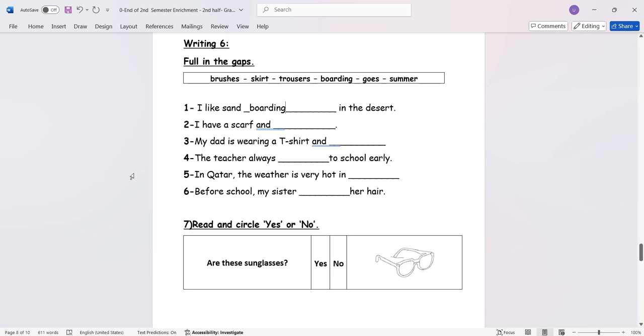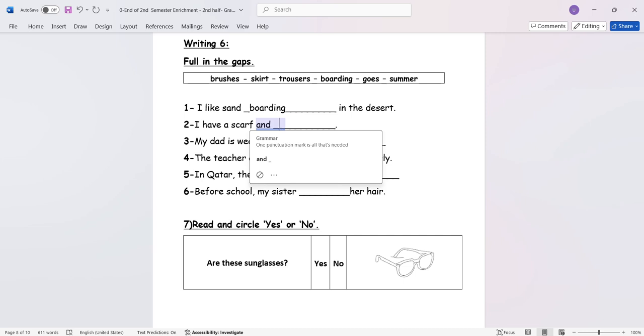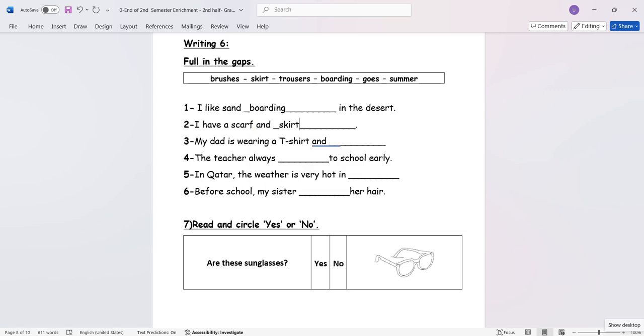Number 2, I have a scarf and skirt. Number 3, my dad is wearing a t-shirt and trousers.